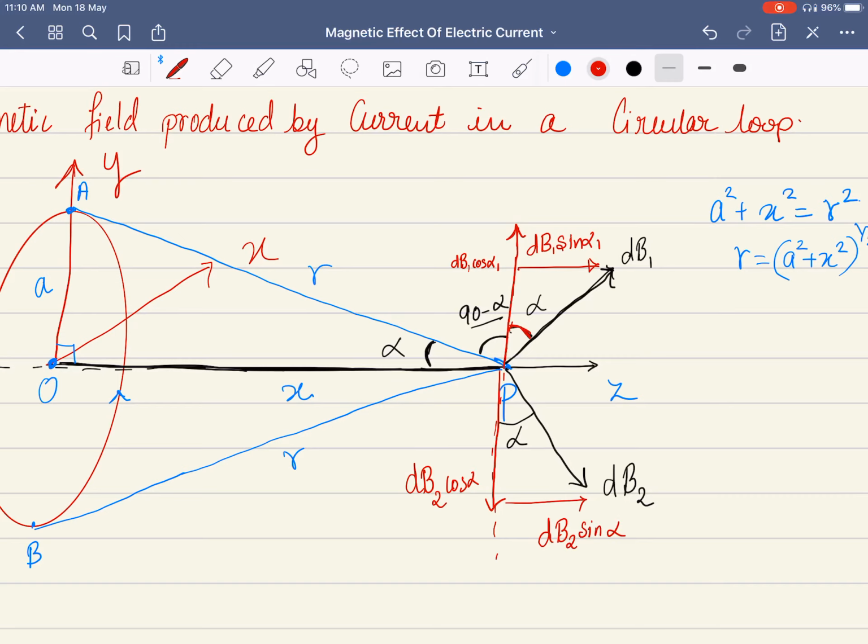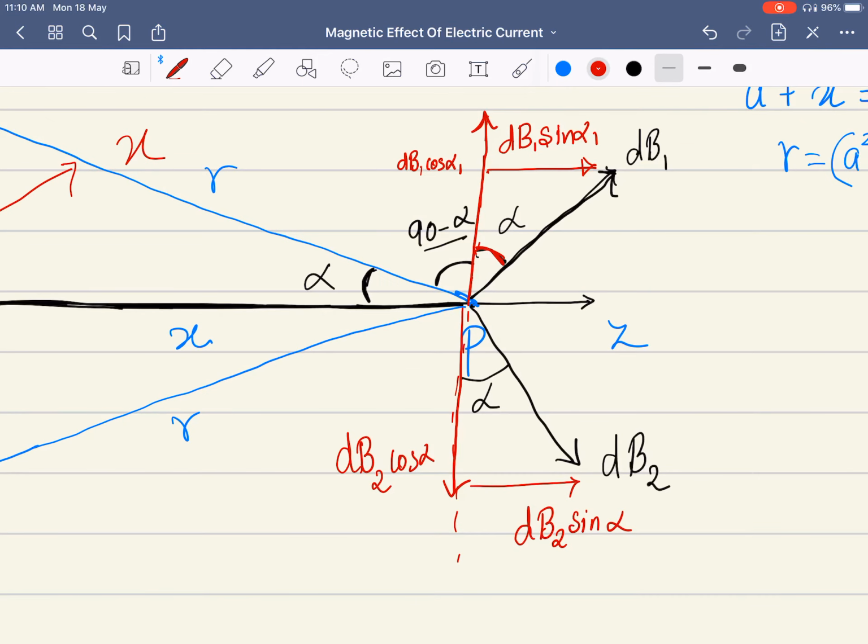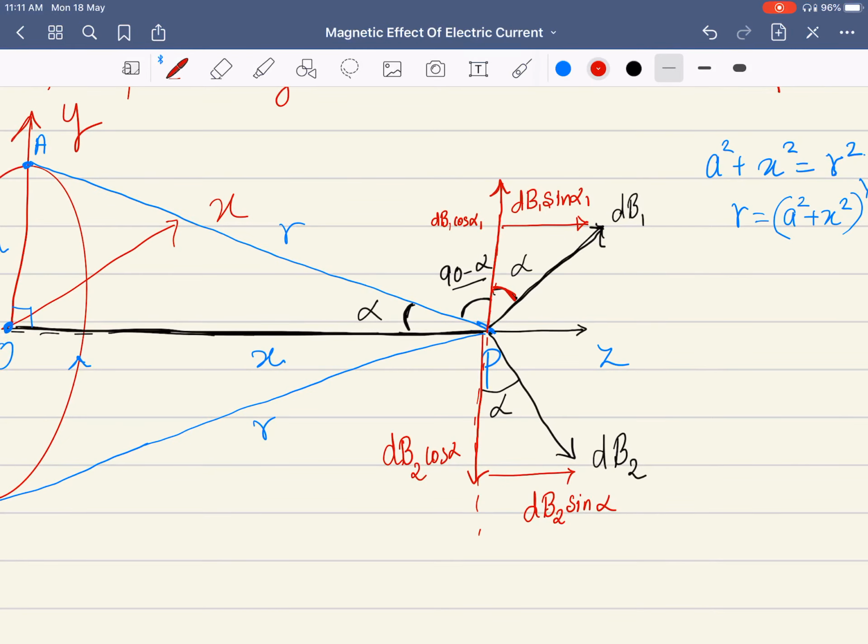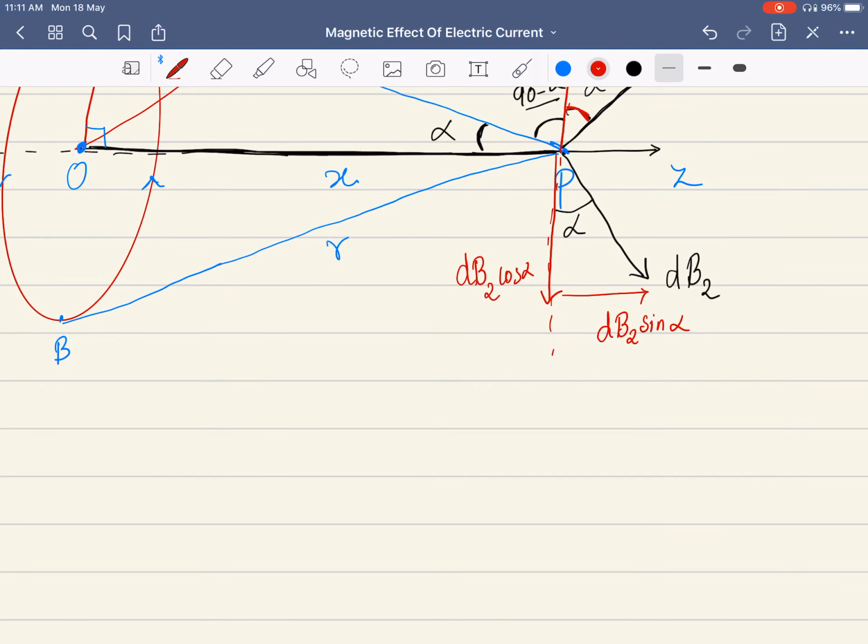If you check over here, delta B1 cos alpha and delta B2 cos alpha, both the vertical components, are equal and opposite. So they will cancel out each other. That means only the horizontal component will be left at point P. So the magnetic field at point P is basically the vector sum of the horizontal components and not of the vertical components.